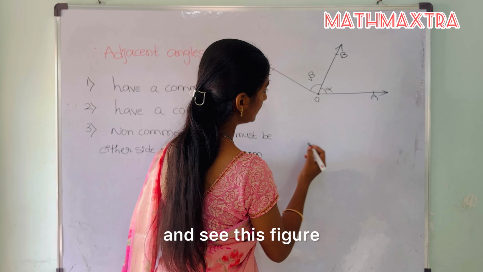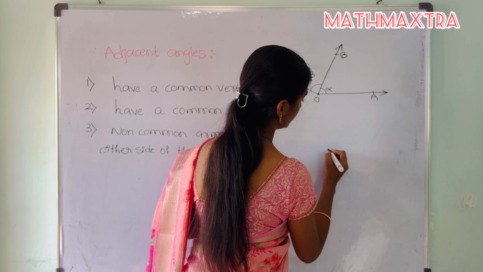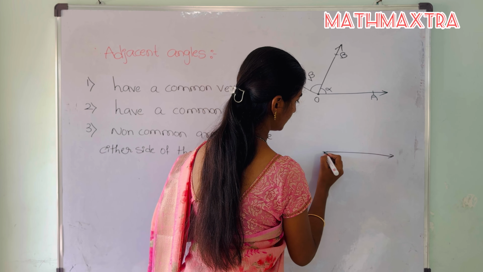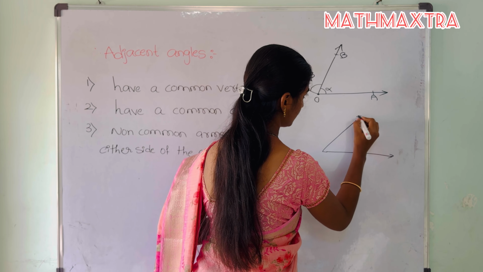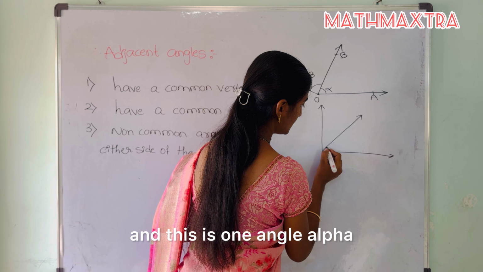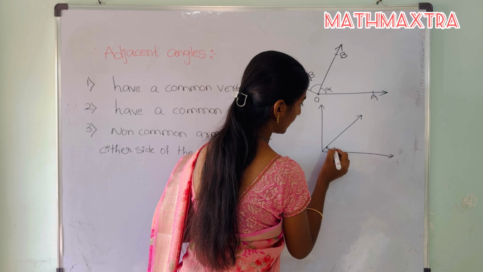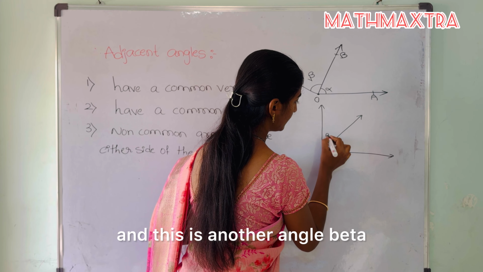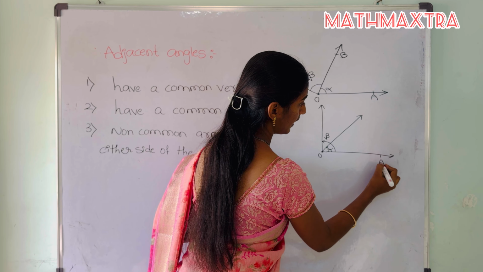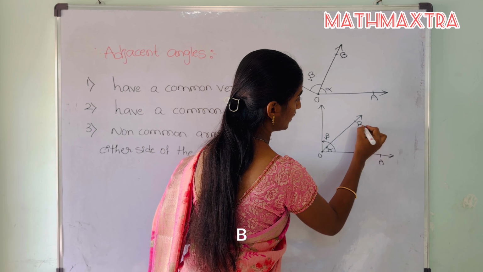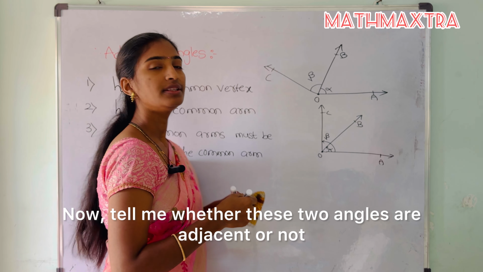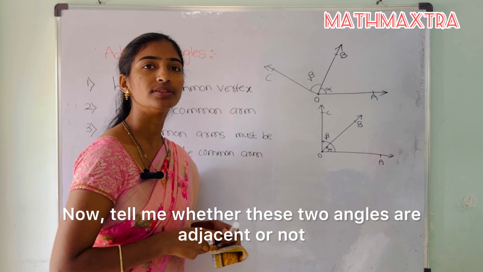And see this figure. This is one angle alpha and this is another angle beta. This is O, A, B, C. Now tell me whether these two angles are adjacent or not.